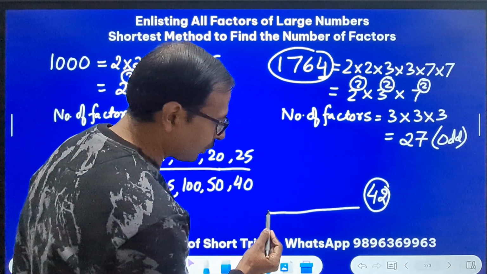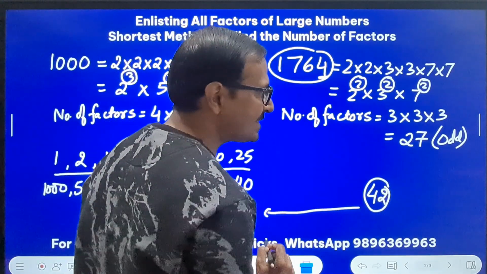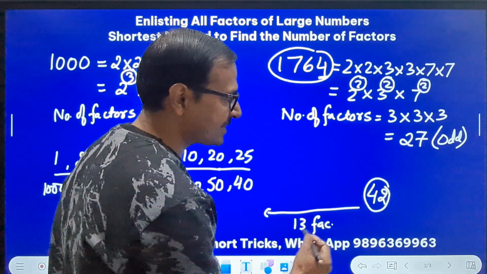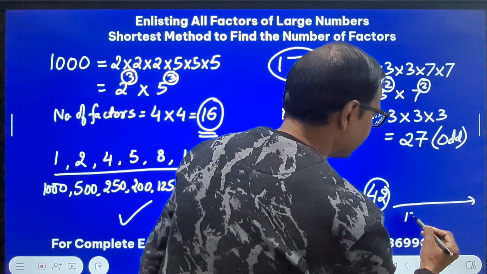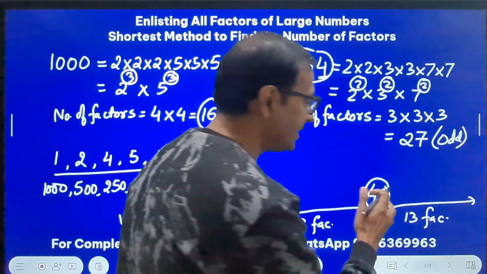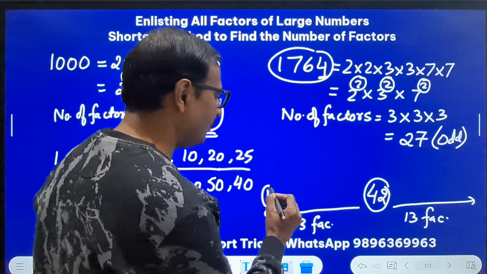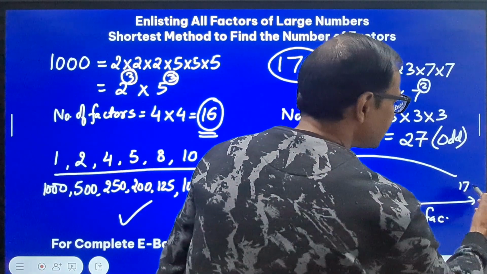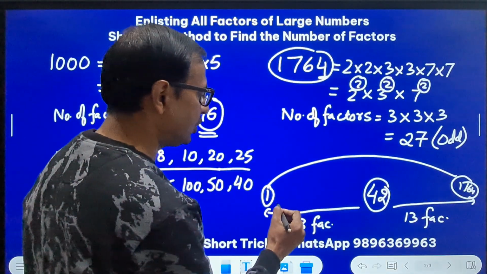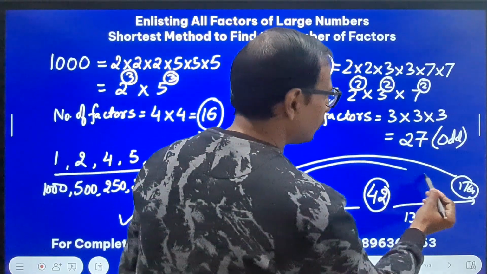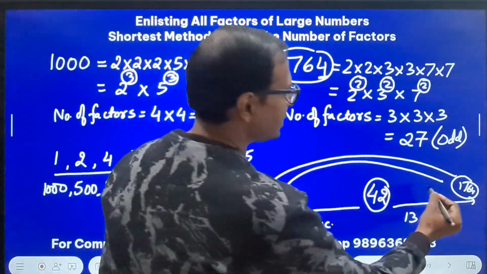On the left side of 42, since there are 27 factors, 13 factors will be on the left side and 13 factors will be on the right side of 42. Like if you write 1 here, you will have to write 1764 here. If you write 2 here, then 1764 divided by 2 will give you the factor here, which is 882.